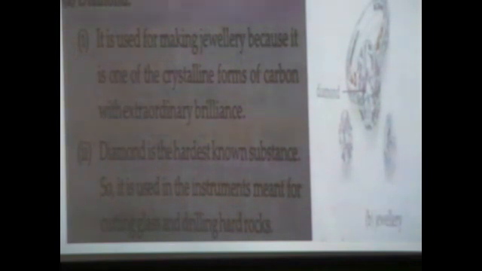It has extraordinary shining. And because of this shining, diamond is used in making jewelry. And that's the reason diamond is very expensive. So, it is one of the crystalline forms of carbon.